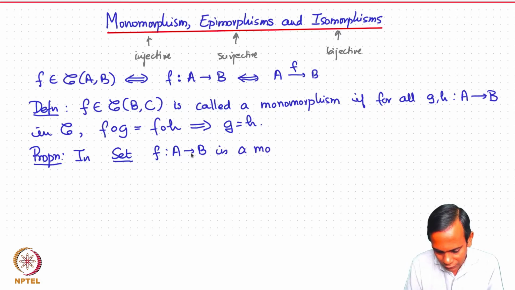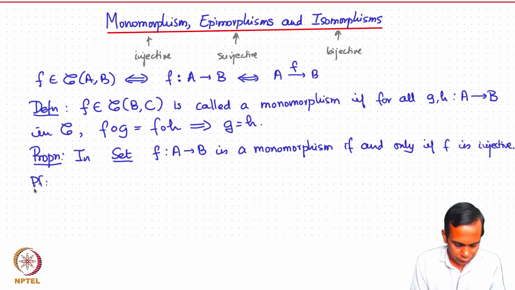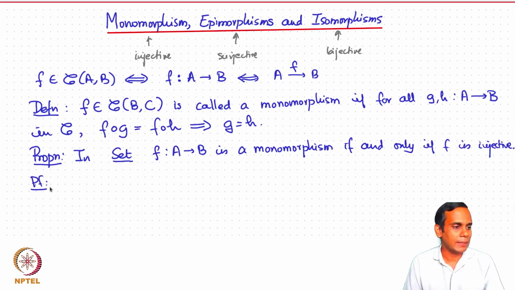So a function from a set A to a set B is a monomorphism if and only if f is injective. The proof is not very difficult, but I'll do it carefully nevertheless. As you'll see, these things can be a little dicey in category theory. You need to actually prove things. So we'll prove it carefully.